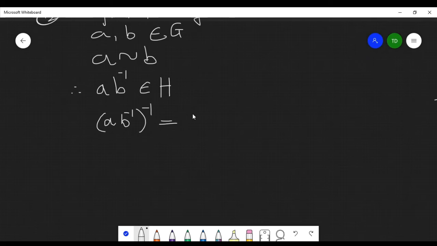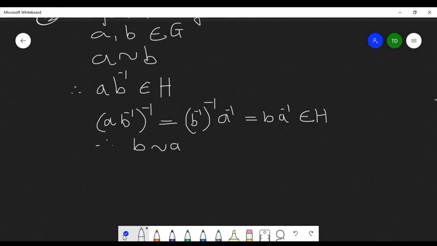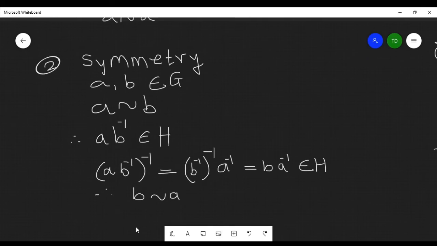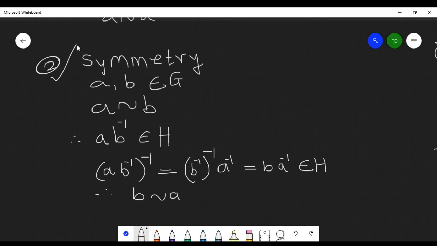So (A into B inverse) inverse, by the reversal law, is nothing but B inverse inverse into A inverse, and this is nothing but B into A inverse, which belongs to H. So what this gives us, B into A inverse belongs to H, means B tilde A. So what we understood is tilde is symmetric also.